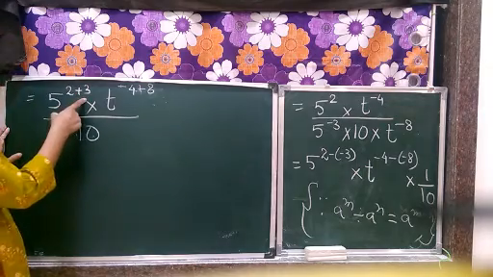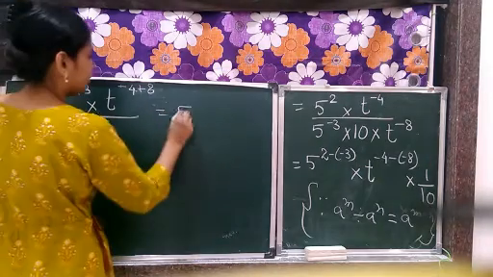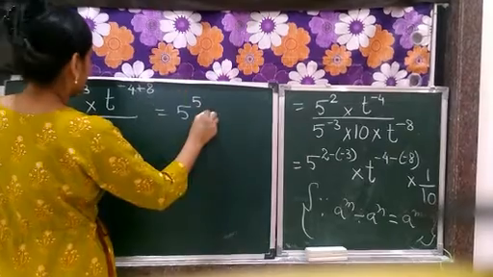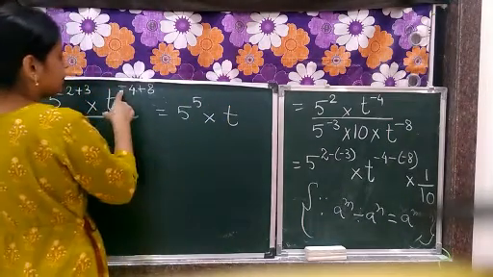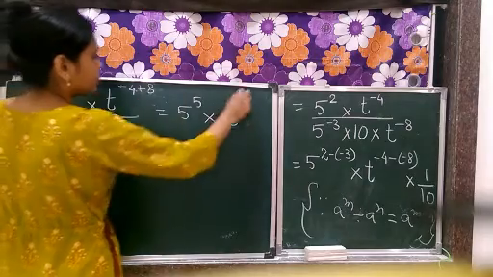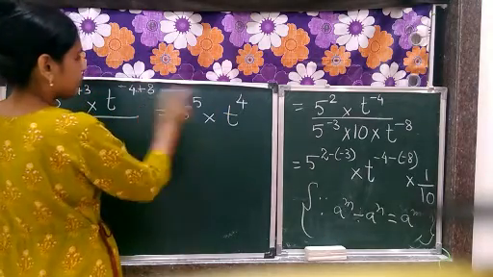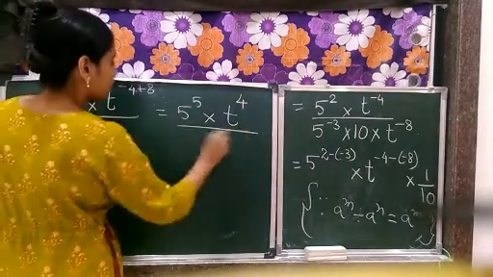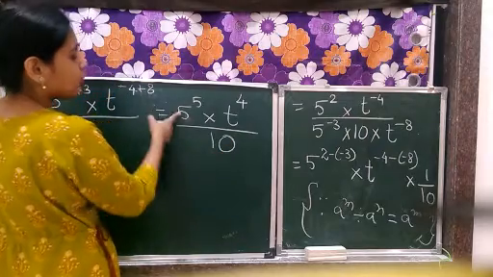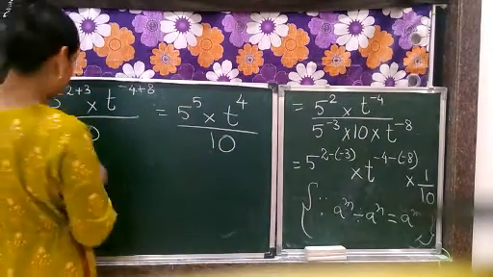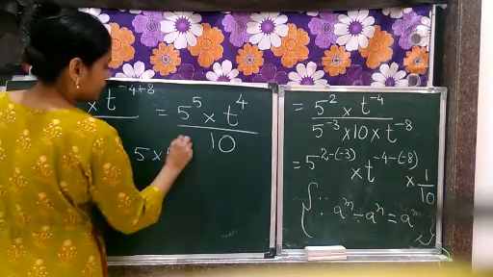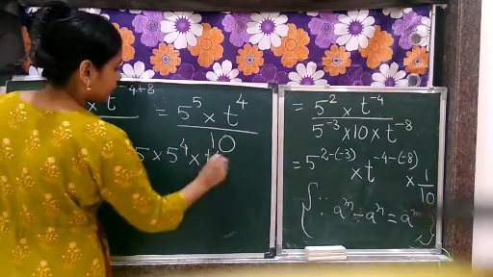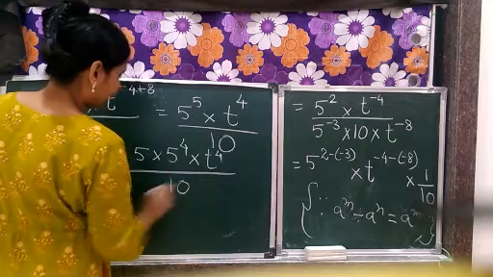So this becomes 5 raised to 5 and this becomes minus plus is minus, so 8 minus 4 is 4. 8 is greater, it is positive, so answer is positive by 10. Now 10 can go by one of the 5, so we take out 1 5 from here. Okay, so 5 into 5 raised to 4 into t raised to 4 by 10.